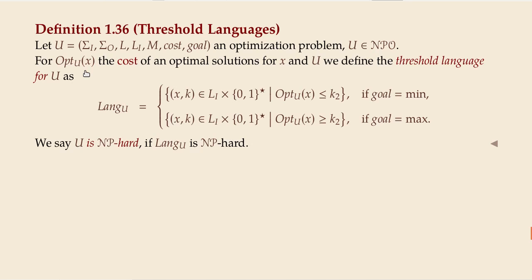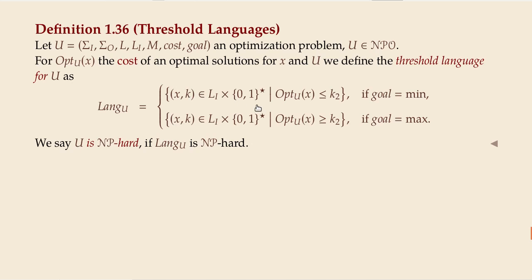And then we define threshold languages written as lang_u. That's a word that consists of two parts, an input instance, an encoding for an input instance, and the encoding for a number. So K2 here just means the number represented by this binary string.